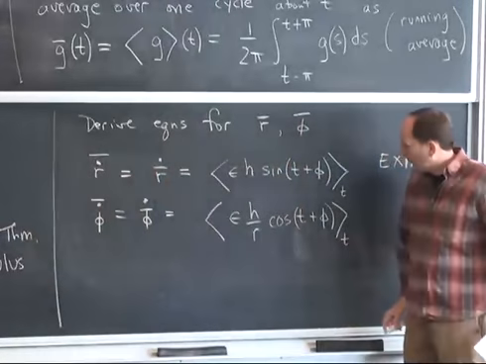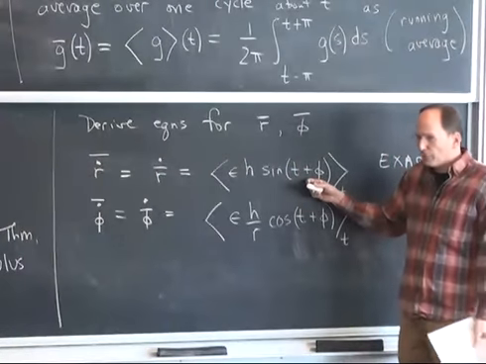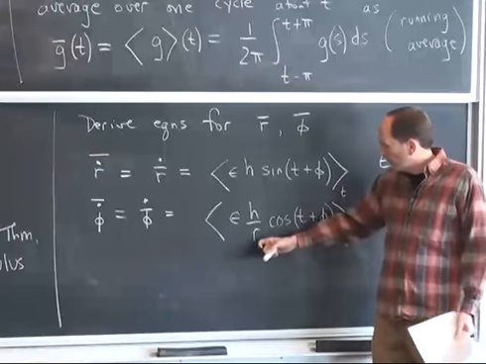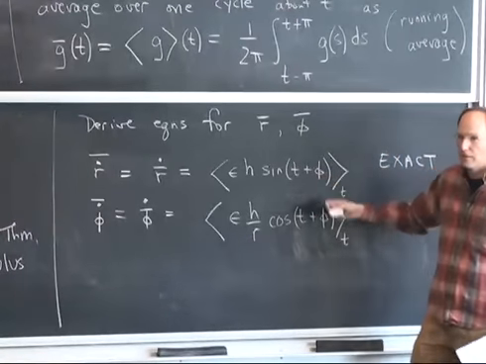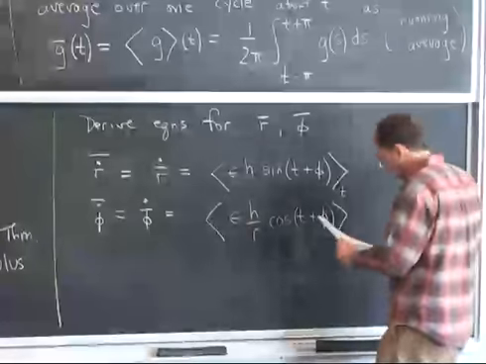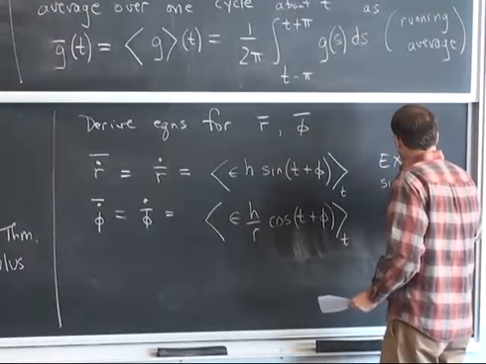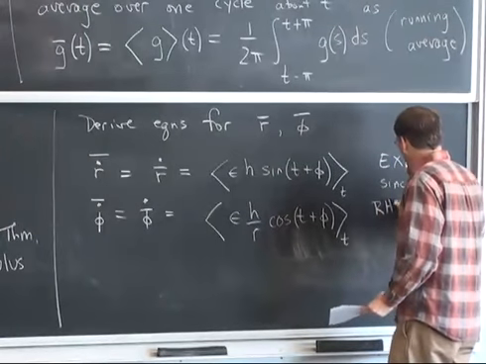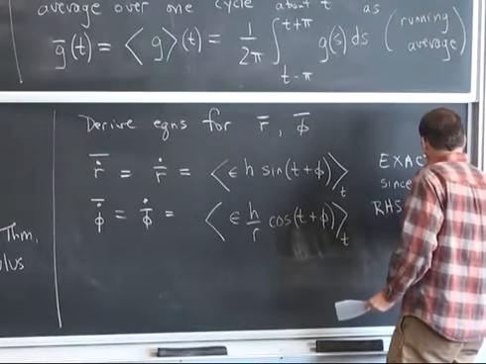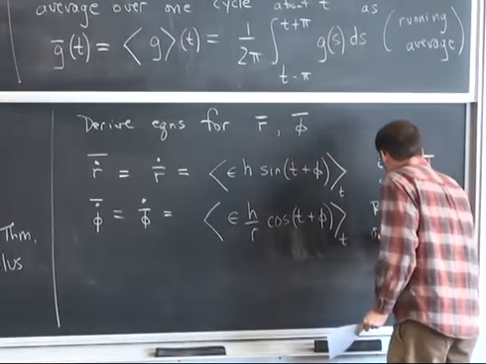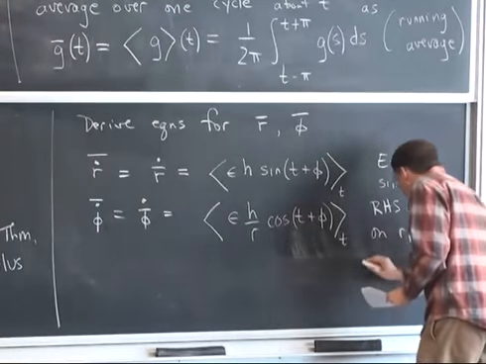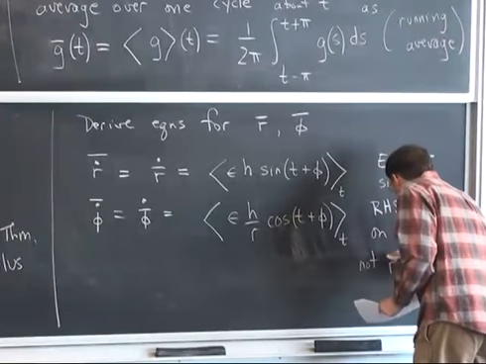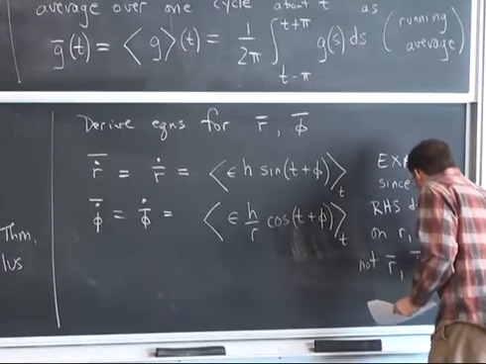But notice that there are no R bars and phi bars on the right-hand side. We just have ordinary R, unaveraged, and ordinary phi. So this is exact since the right-hand side depends on R and phi, not R bar, phi bar.